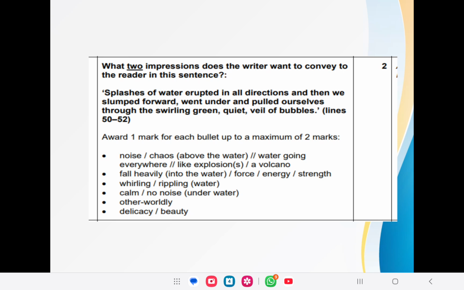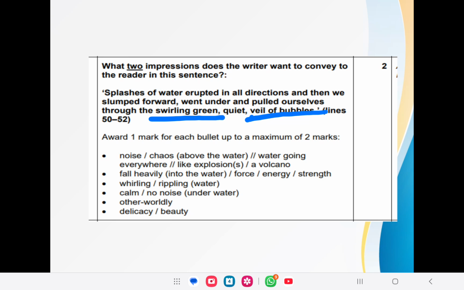And no noise underwater, other-worldly delicacy of beauty. And this part, this veil of bubbles or swirling green, is telling us how beautiful the life is underwater, or how beautiful the place is underwater. So there are different kinds of impressions available.